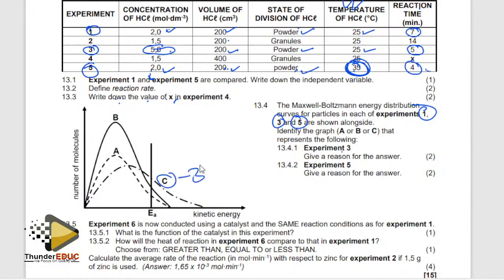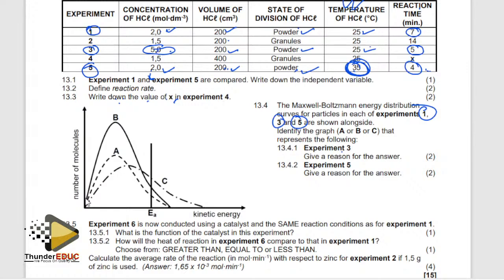And then, give a reason for your answer. What can you say about experiment 3? If you look at the temperature, the number of particles having the sufficient energy, yes, but it has a high concentration.